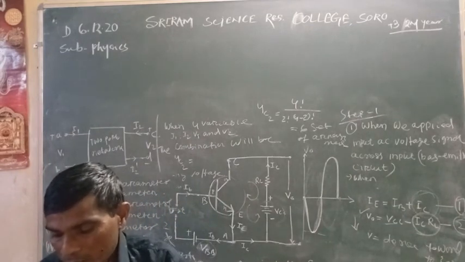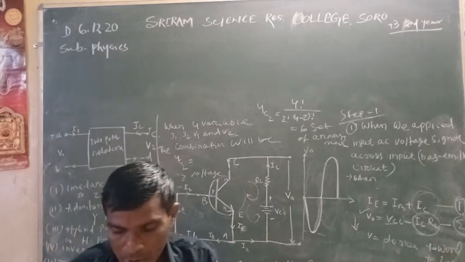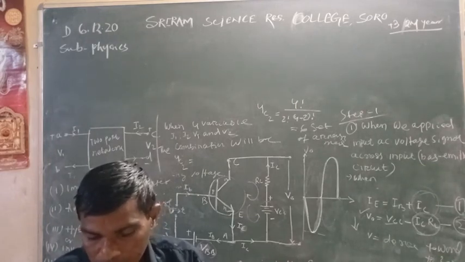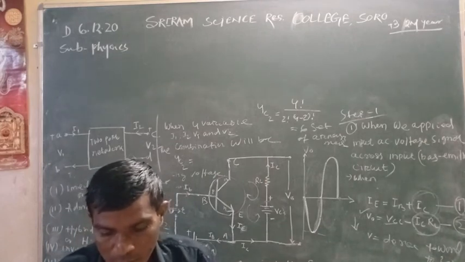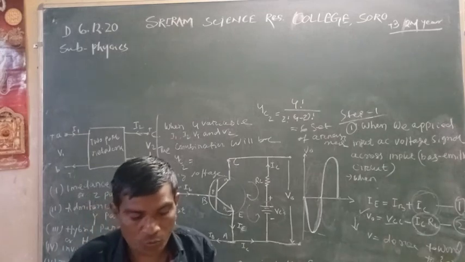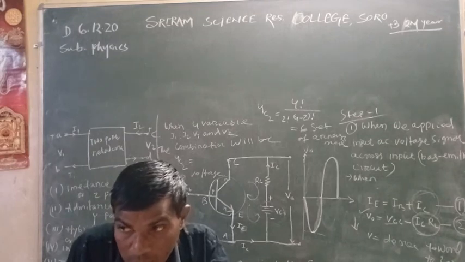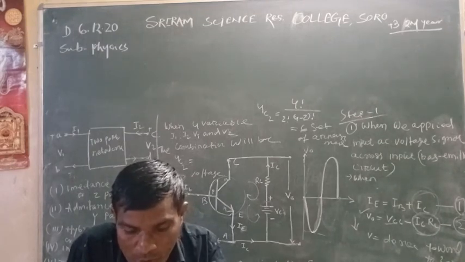Now next we discuss your hybrid model or H parameter. In H parameter, the linear circuit depends on dependent and independent variables, that is I1, I2 and V1, V2.